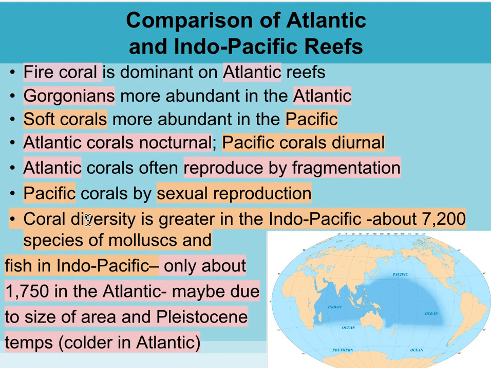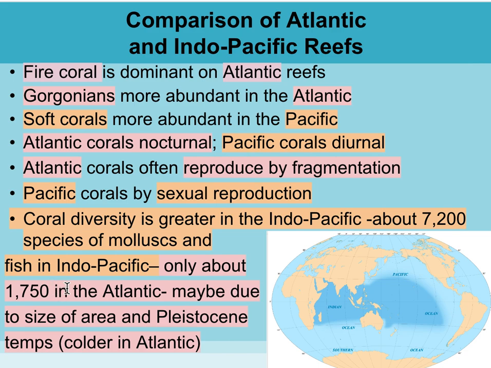I know this slide looks very similar here with the orange and the pink, but I want to say some differences between Atlantic and Pacific coral. So Atlantic coral can have fire coral, gorgonians. Some of their corals tend to be more nocturnal and reproduce more often by fragmentation.